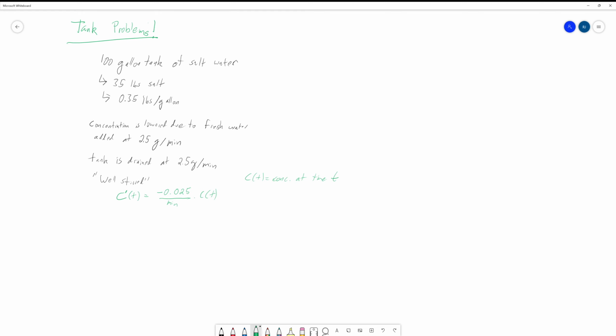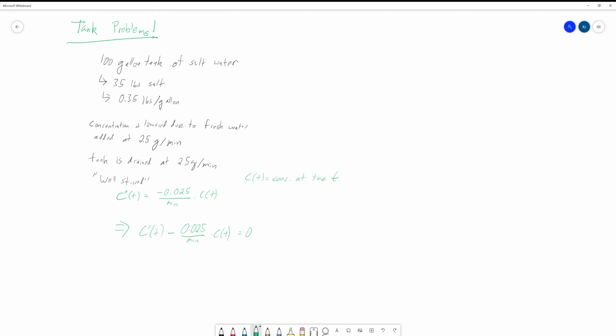Okay, this gives the first order differential equation describing the salt content in the tank at any instant is C prime of t minus 0.025 per minute times C of t equals 0.